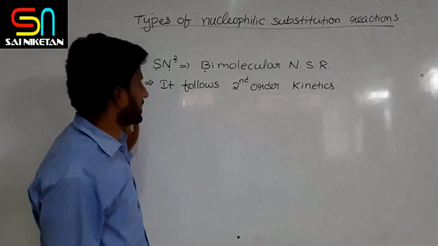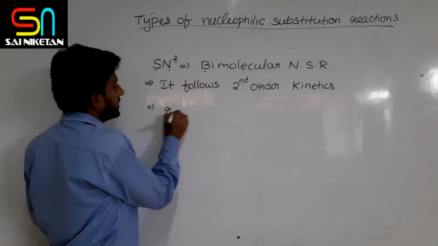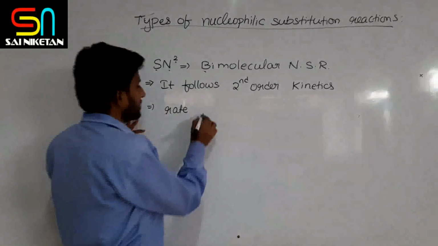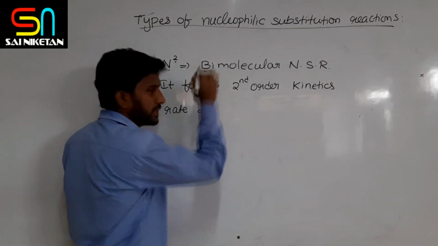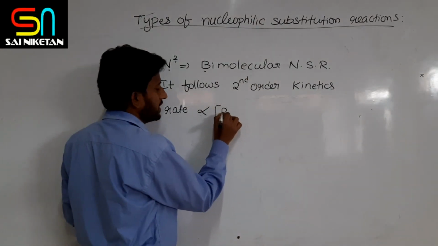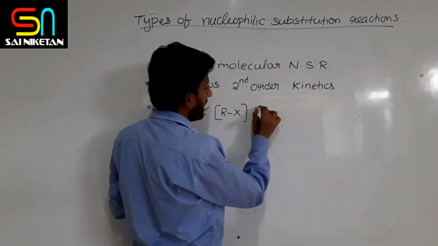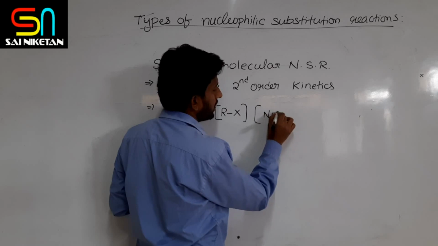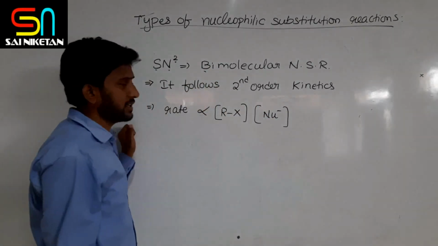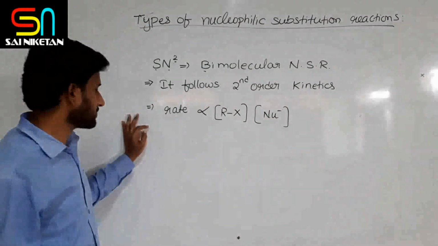Why is it a second order reaction? Because the rate of the reaction in SN2 depends upon two molecules: the concentration of the alkyl halide as well as the concentration of the nucleophile or base. That's why it follows second order kinetics.